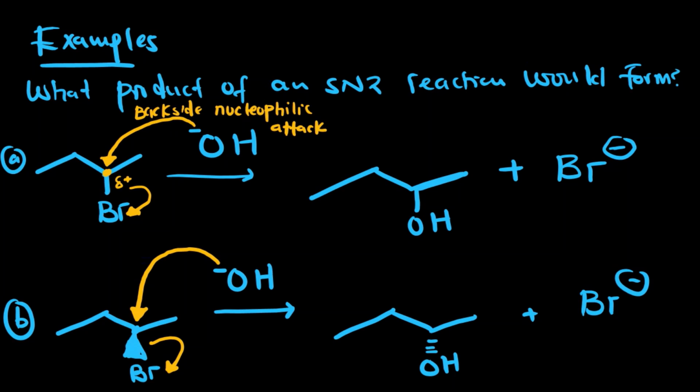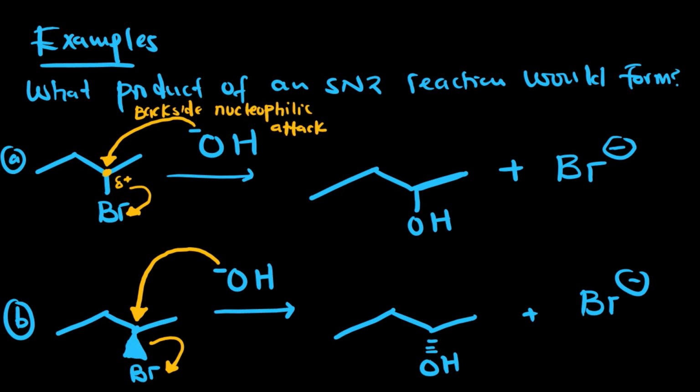Now if you notice, the nucleophile, I've used dashes here, not a wedge, showing that the nucleophile joined at the back. Why? Because it went and attacked at the back of the leaving group. This leaving group here was in front. So when the nucleophile came, it attacked from the back. That's why it joined at the back here.